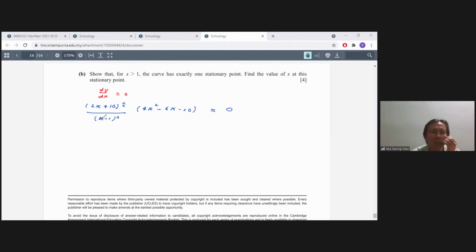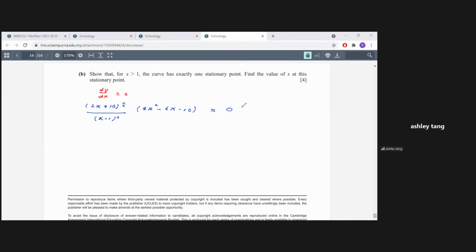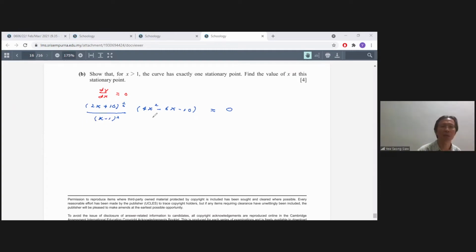The denominator at the bottom here, can you bring over the other side?